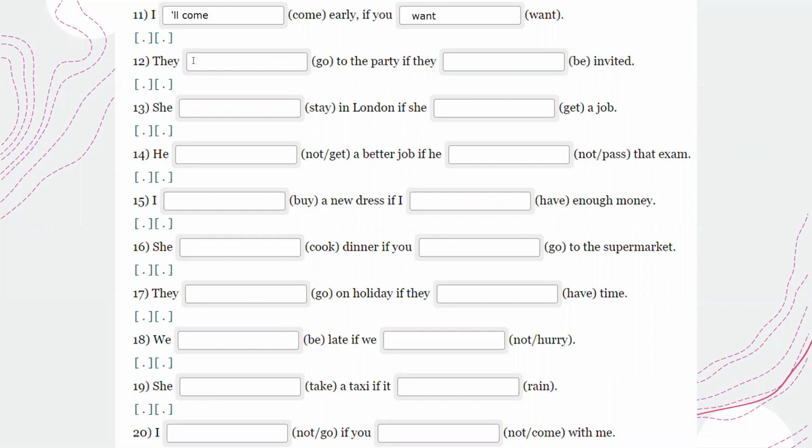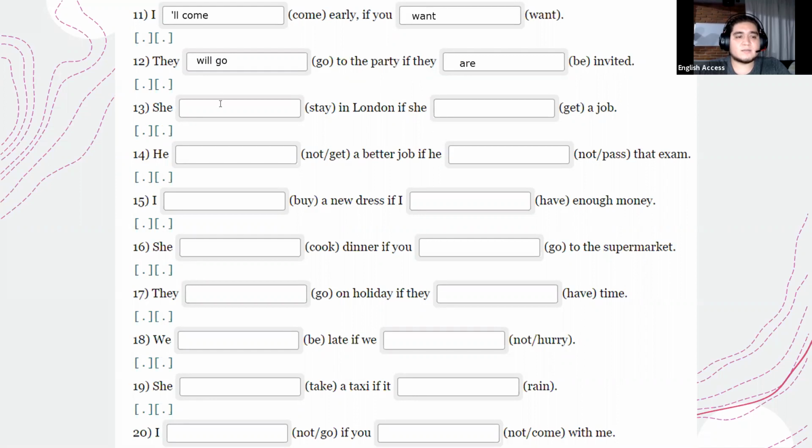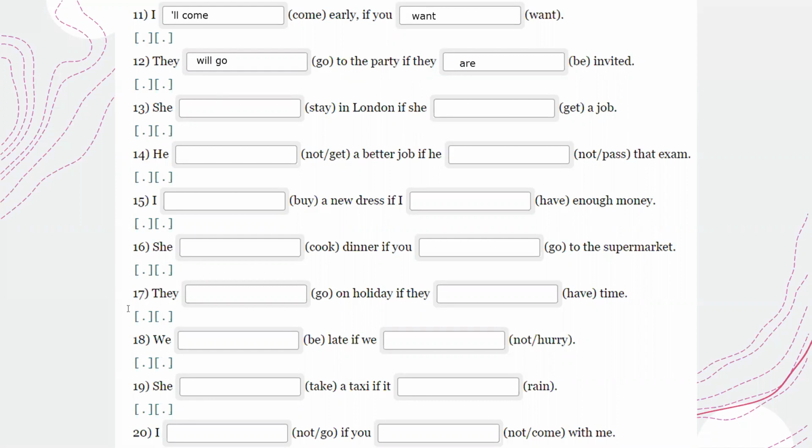They will go to the party if they are invited. Yes. Good. Perfect. 13. She will stay in London if she gets a job. Perfect. 14.